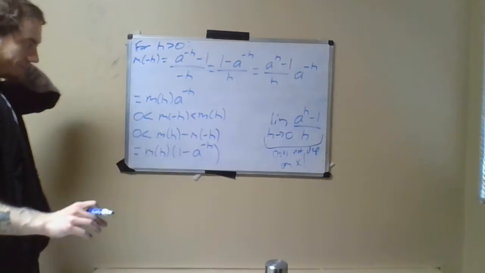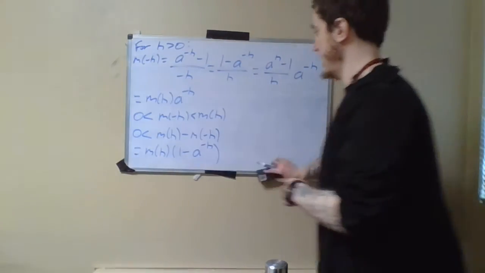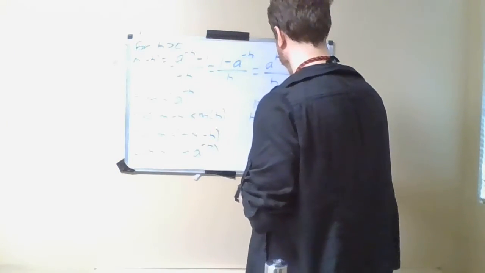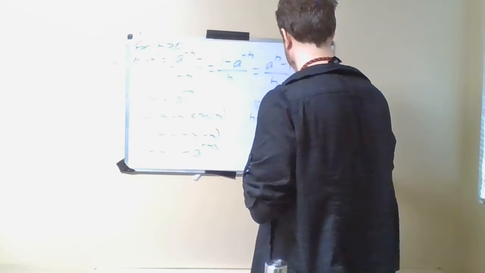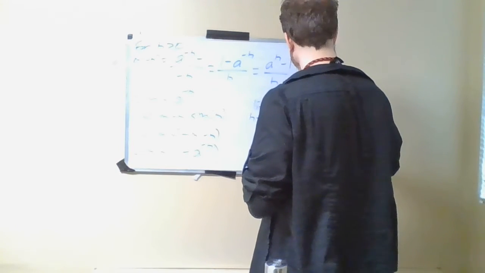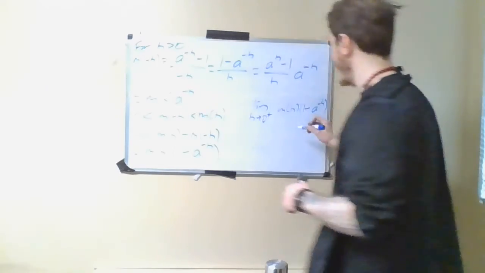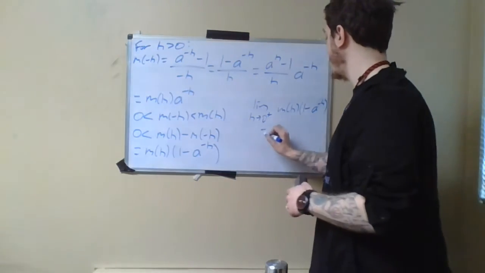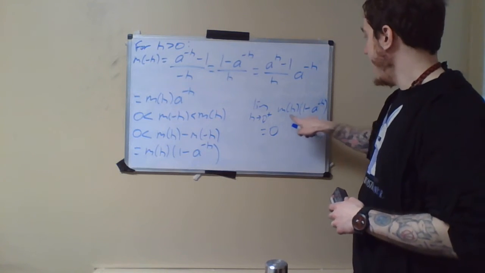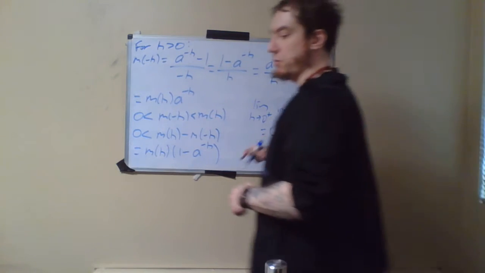Now, taking the limit as h approaches 0 from the right, m of h times 1 minus a to the minus h, this is going to have to be equal to 0, because this term here goes to 0, and this does not blow up to infinity.